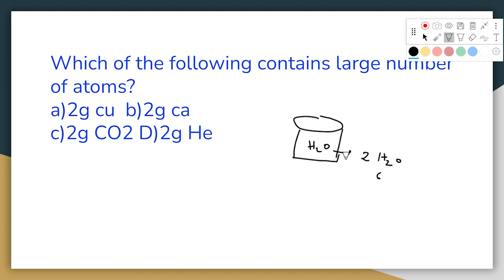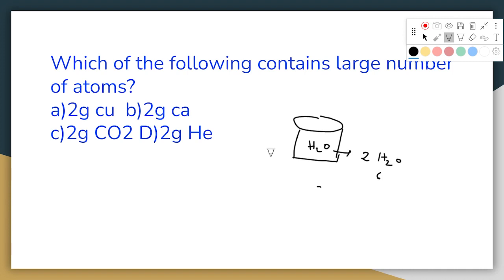So if the number of molecules increases, the number of atoms also increases. Yes or no? Yes. Okay.